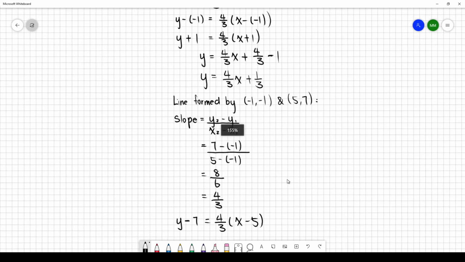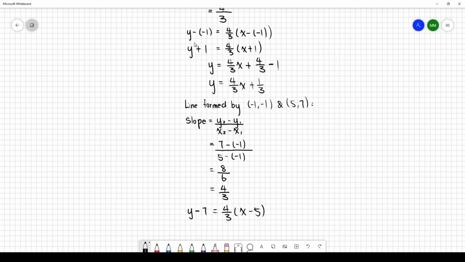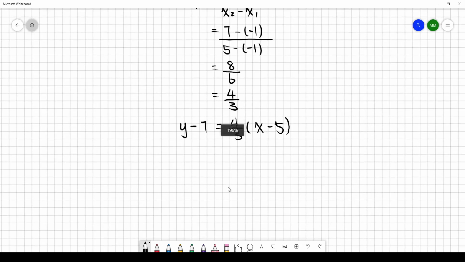So the reason why I wanted to simplify comes in now. This equation and this equation are not very obvious at first glance. Are they equal or not? But if you simplify into y-intercept form, you should definitely have them equal. They should look the same. So again, I multiply out 4 over 3x minus 20 over 3, and then plus 7.